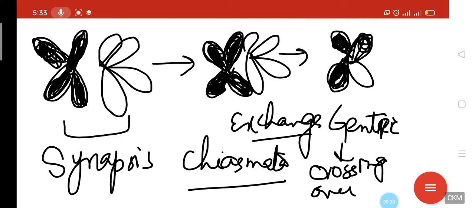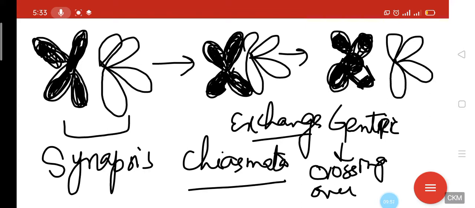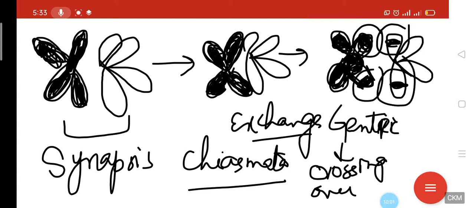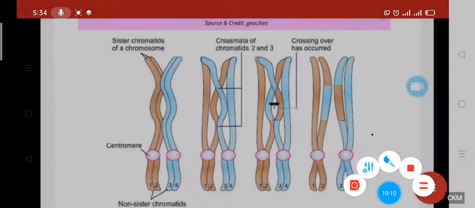After the crossing over, it will appear like this, and the other chromosome is going to appear like that. This was the point of joining of the non-sister chromatids, and now they have exchanged genetic material with each other. After the crossing over, the chromosomes are going to have a new look.